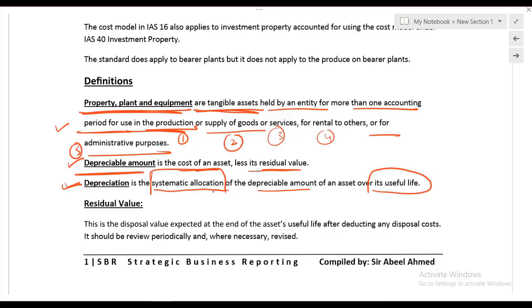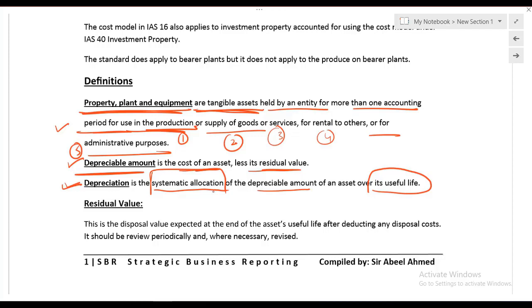So in such a case, you are supposed to use the reducing balance method for depreciation purposes. Because why? In reducing balance or written down value method, initially you will have more depreciation and slowly and gradually your depreciation will be reduced.